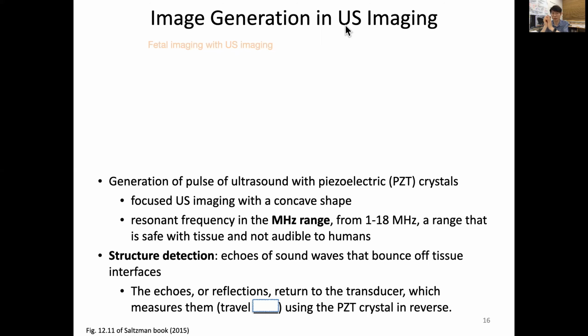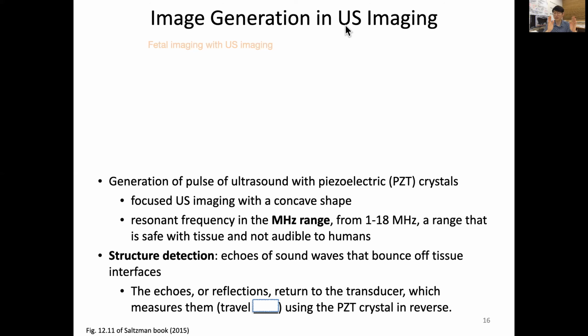So when the wave propagates and meets an interface with different properties, some part of the wave will reflect back, while some part will transmit. We are interested in the waves which are reflected back from the interface.